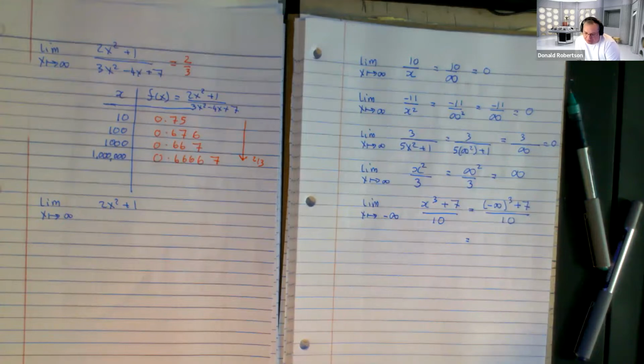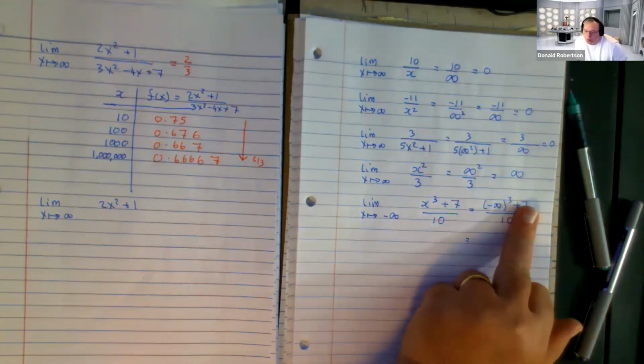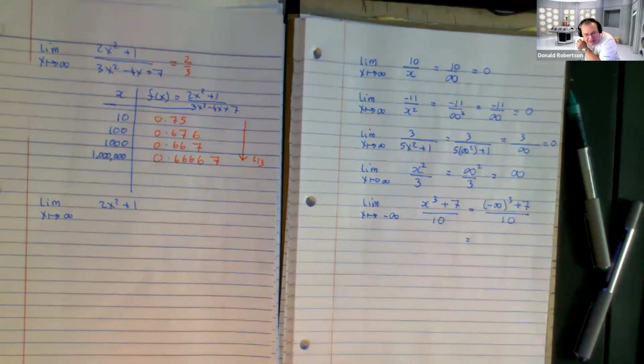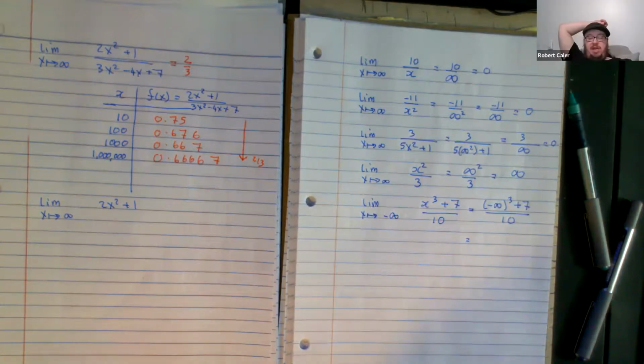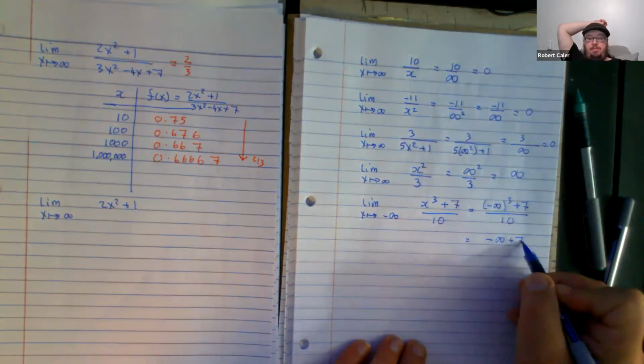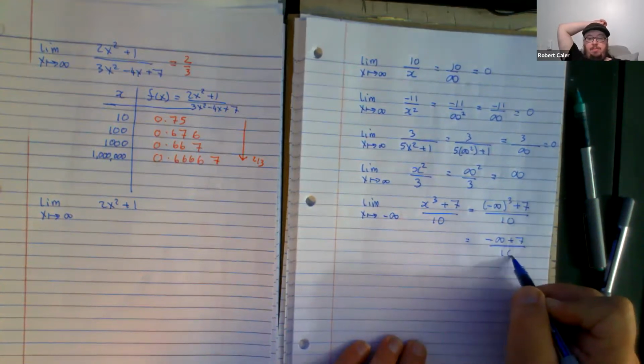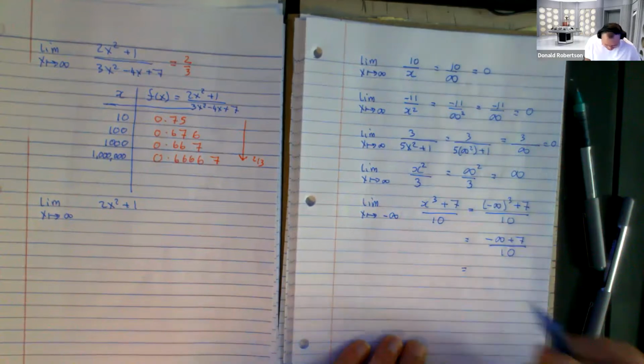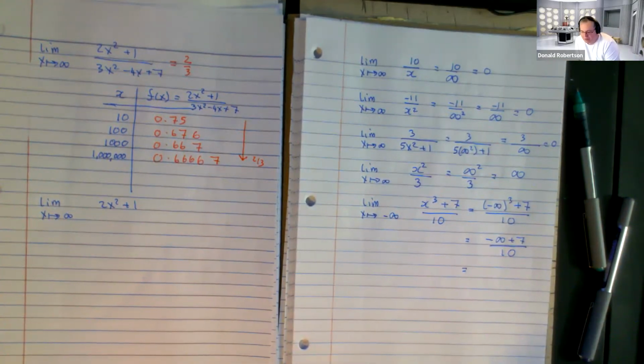Okay, here's our first tricky calculation. What would you get if you took negative infinity and you cubed it? Negative infinity. I don't want you to let this one freak you out because it shouldn't be freak outable.